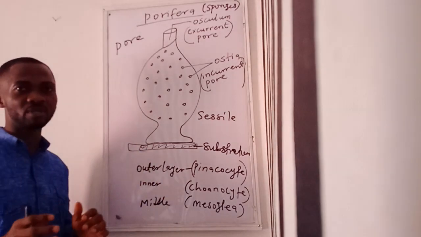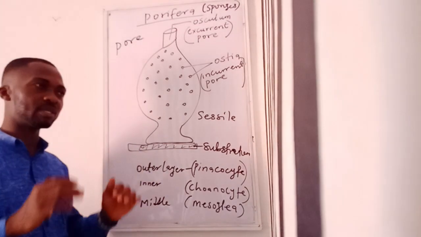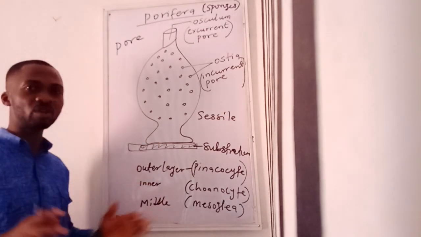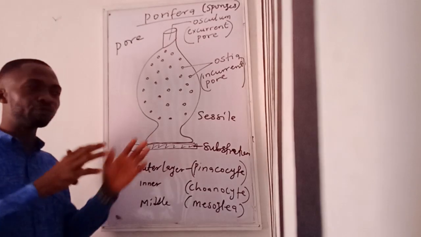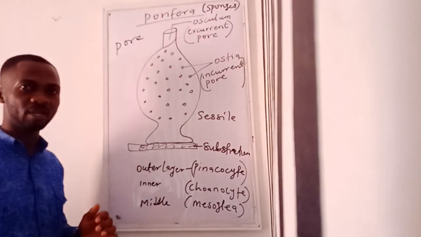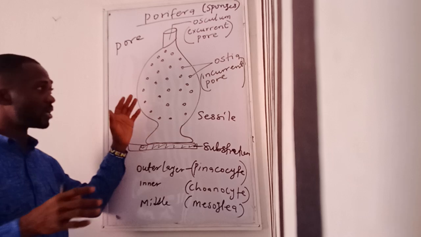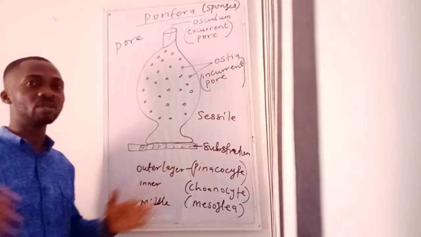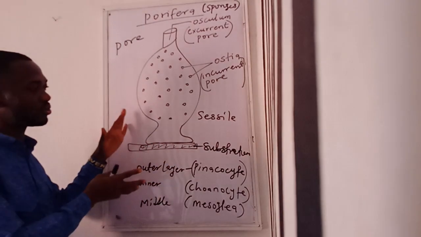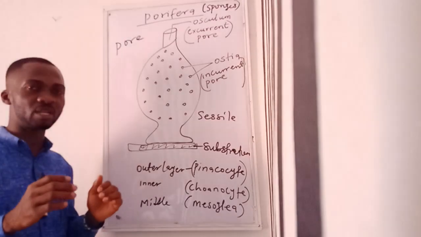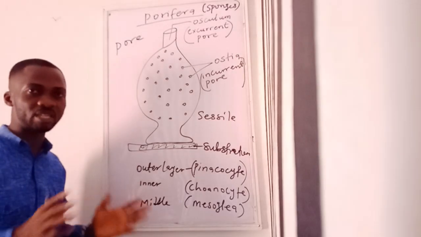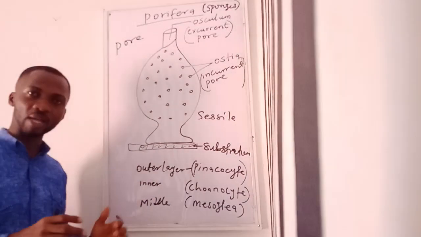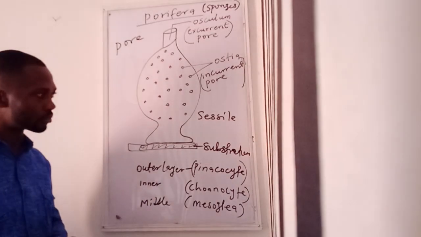Even though it is multicellular, the organization of these cells, or the tissue formed, is less organized. A collection of cells forms tissue, but this tissue is less complex, or less specialized. And they don't have organs, they don't have systems.